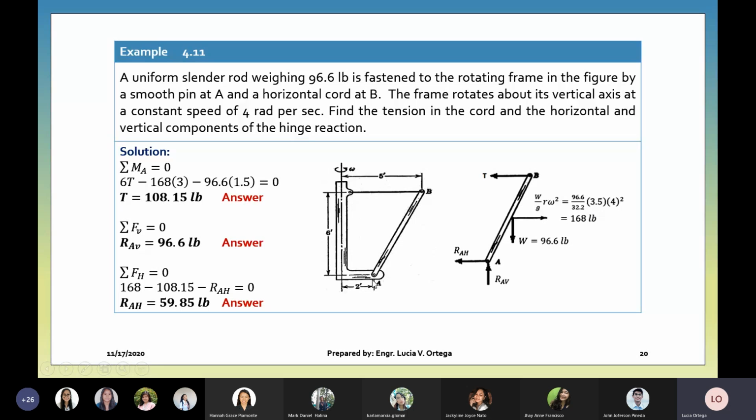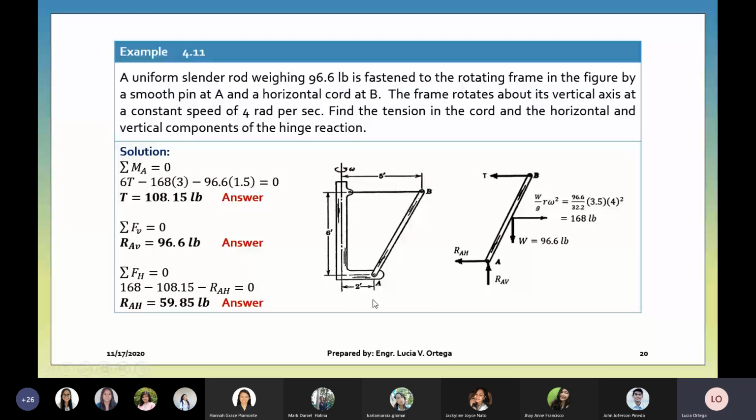The radius is, okay, RW squared. Well, it's 3.5, the dimension. Times 4, W squared.